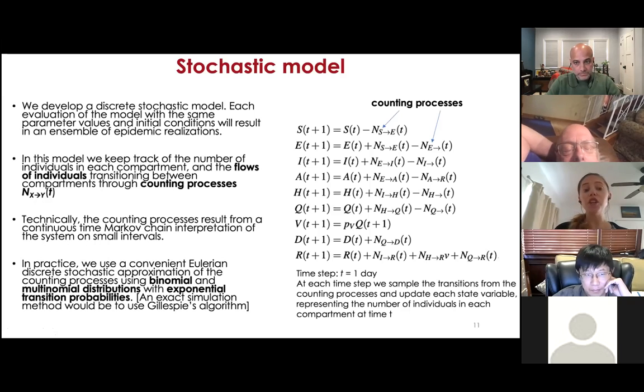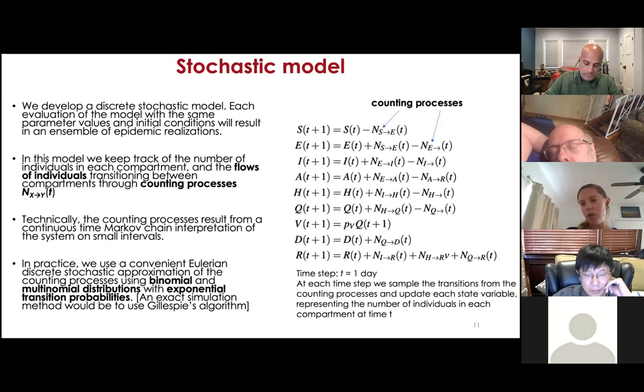And then in terms of implementing that in simulation, especially if we want to get these uncertainty intervals, there is an exact simulation approach that can implement that continuous time Markov chain, and that would be the use of Gillespie's algorithm, if you've heard of that or used that.